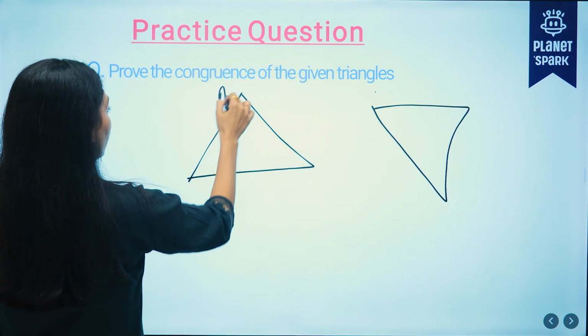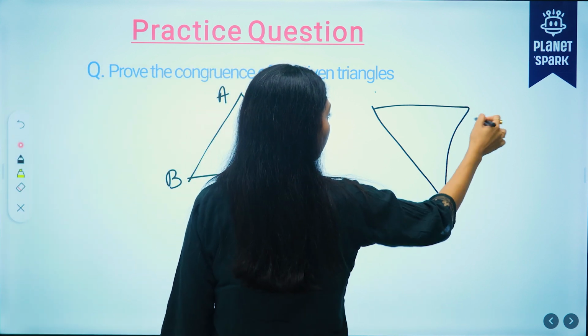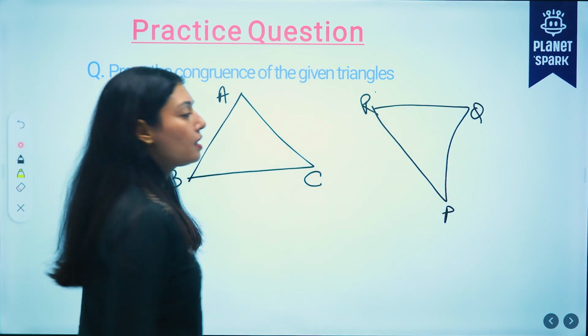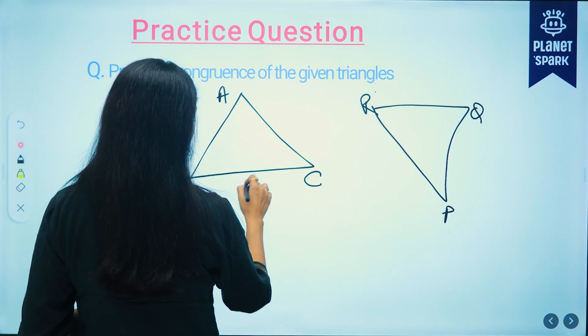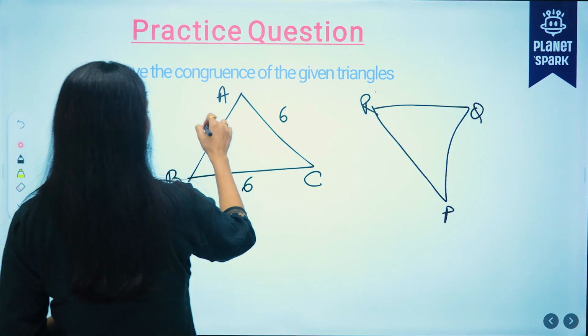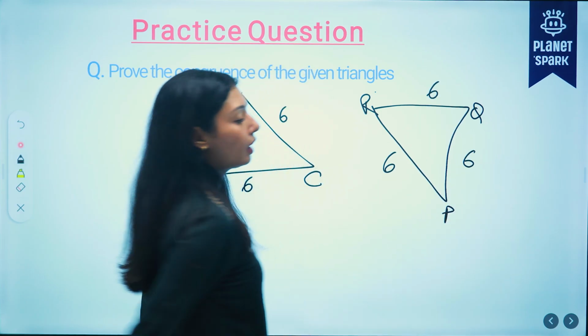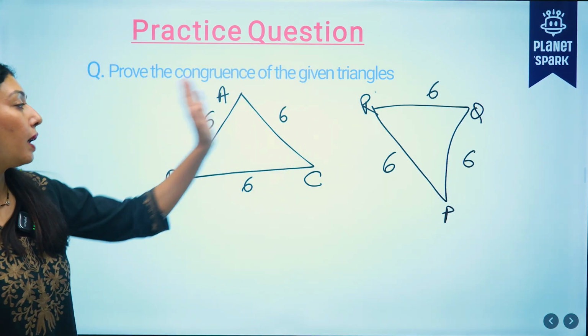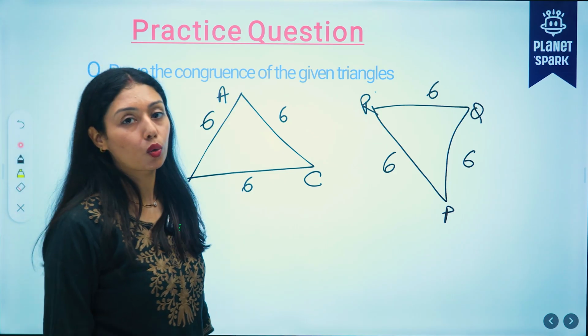Let's say we have triangle ABC and PQR and measures of sides are given to us. 6 centimeter each, here also 6 centimeter each, right? Now we can say by SSS criteria both the equilateral triangles will be congruent, right?